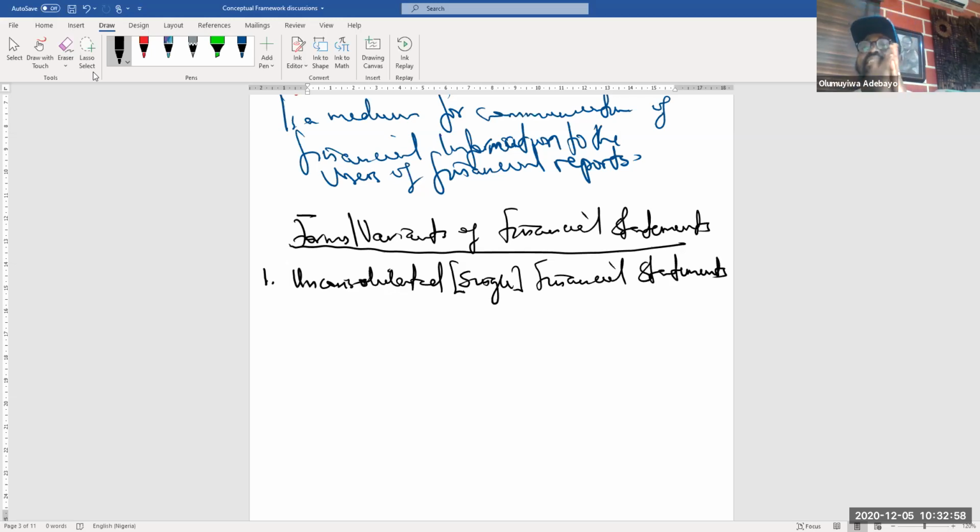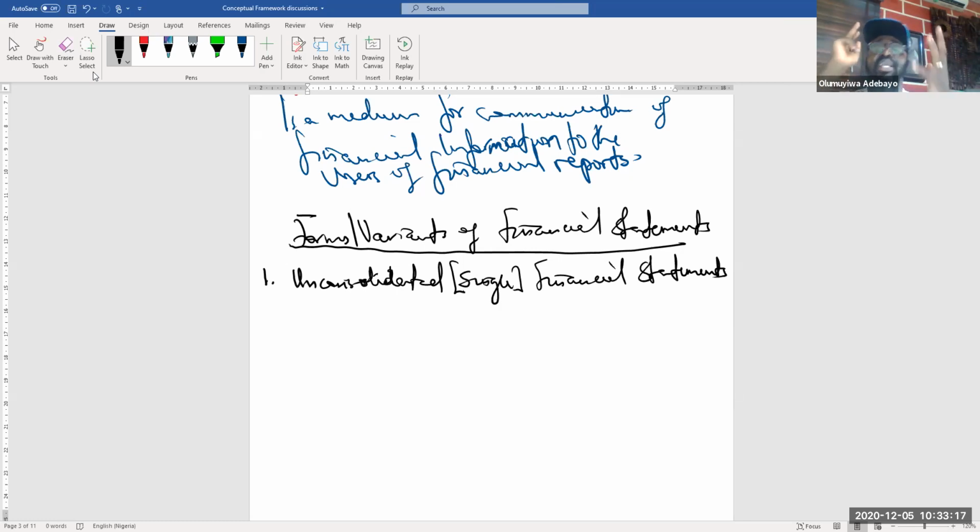What it means is that you are talking about financial statement of a single entity. Financial statement of what? A single what? Entity. That is simply unconsolidated, which means it's just for one company.